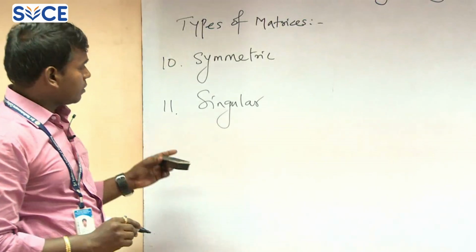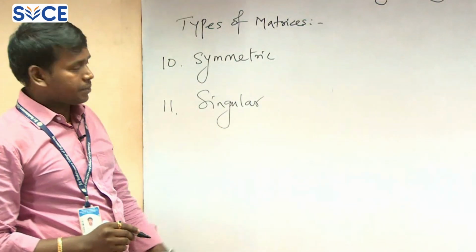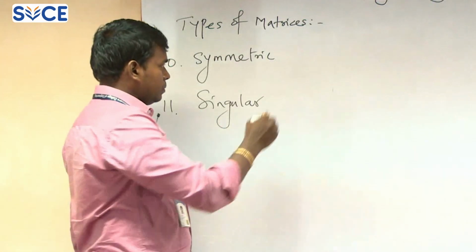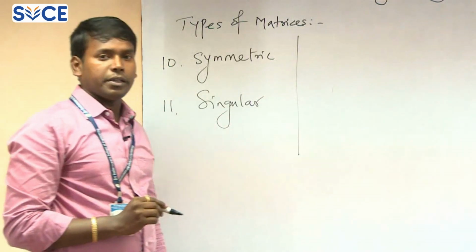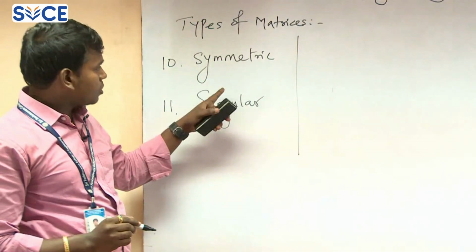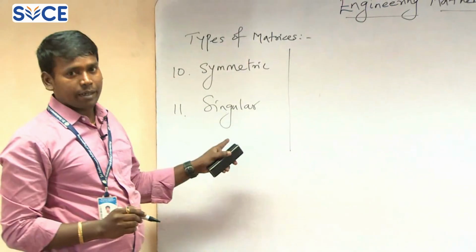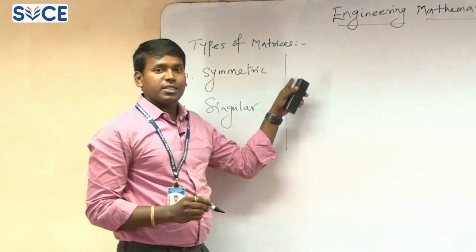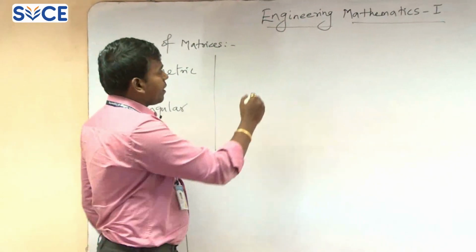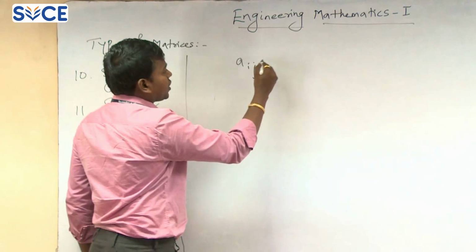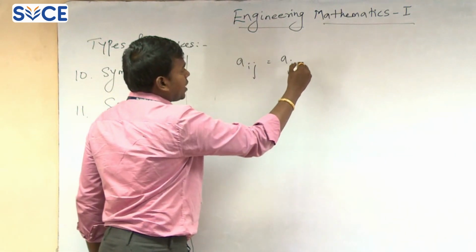Symmetric matrix, and last one, singular matrix. Now, symmetric, a square matrix. Here also symmetric and singular, it must be a square matrix. A square matrix is said to be symmetric when Aij equal to Aji.